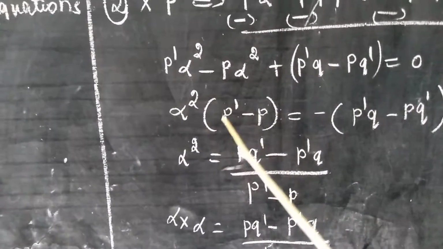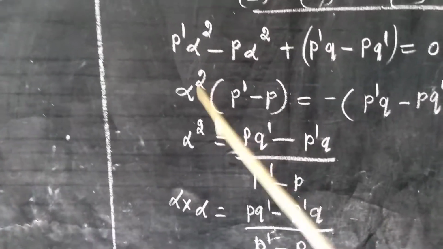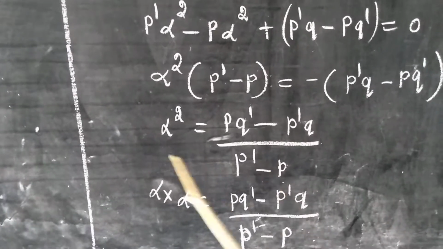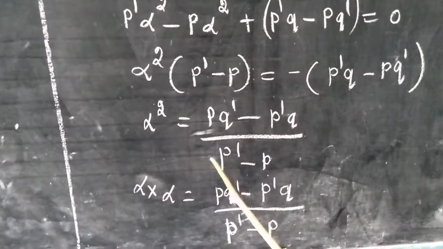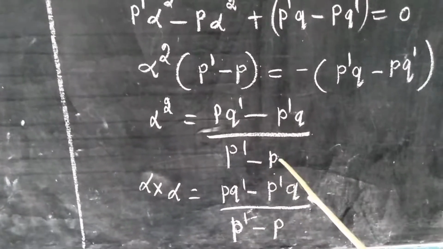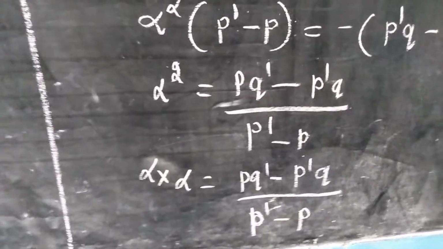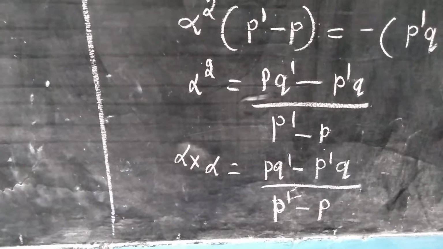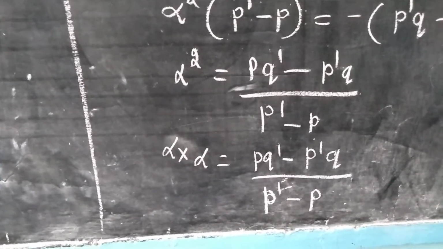Next we bring (p' − p) to the right hand side; multiplication changes into division, so it comes as the denominator. So we get α² = (pq' − p'q)/(p' − p).